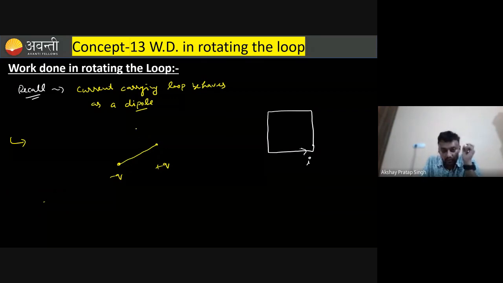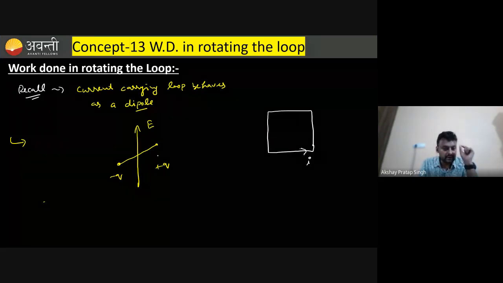Now, when this dipole is placed in a uniform electric field, it experiences some torque. And if you want to rotate the dipole, you need to perform some work. In which direction, if you want to rotate the dipole? Opposite to its actual sense of rotation.